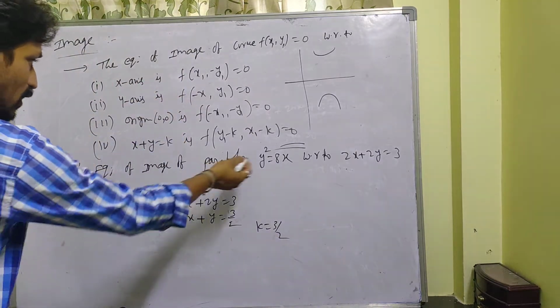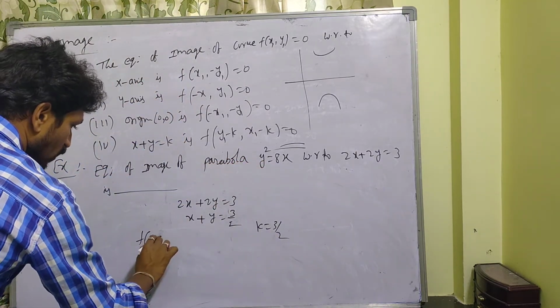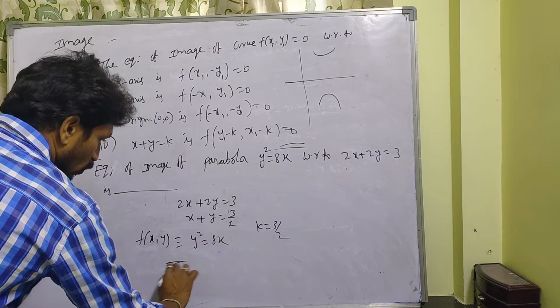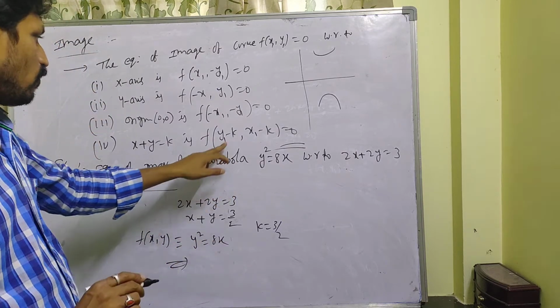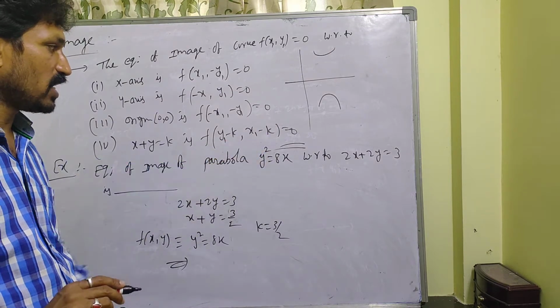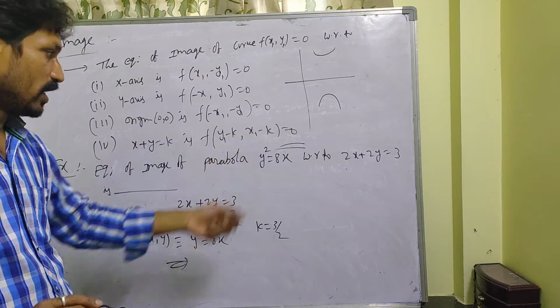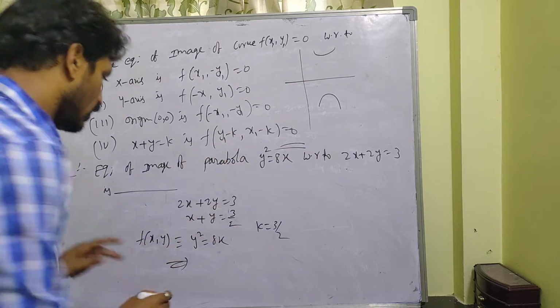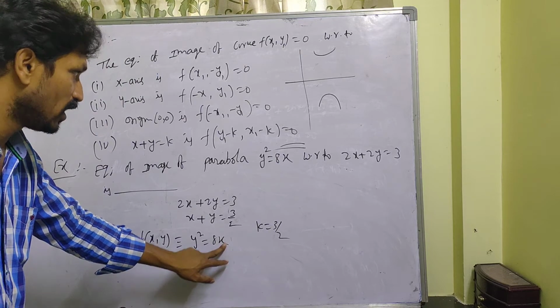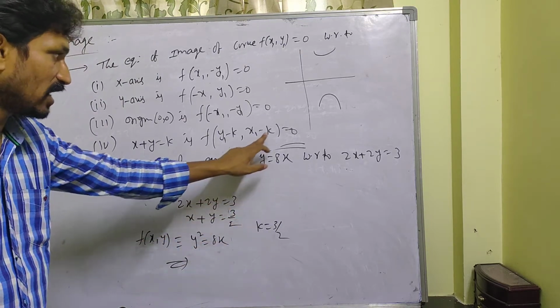So what is the image? Here f of x comma y is nothing but y square is equal to 8x. So what is the formula? y1 minus k in the place of x, and x1 minus k in the place of y. So in the place of x you have to write y1 minus k, and in the place of y you should write x1 minus k.